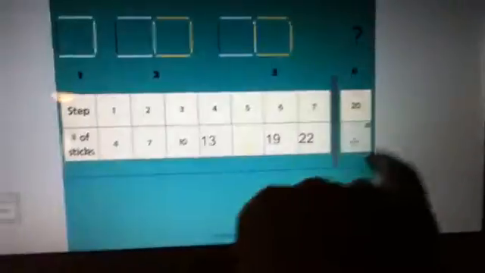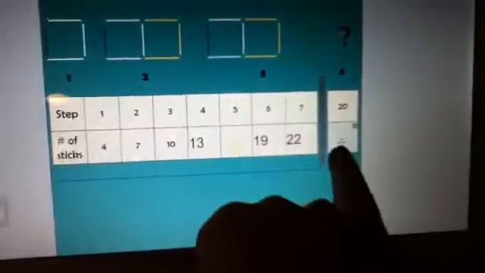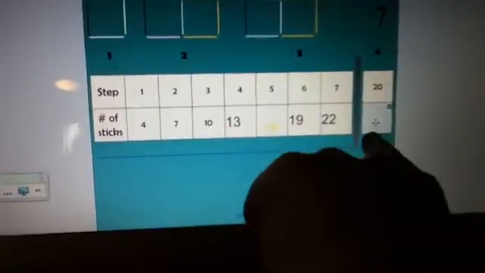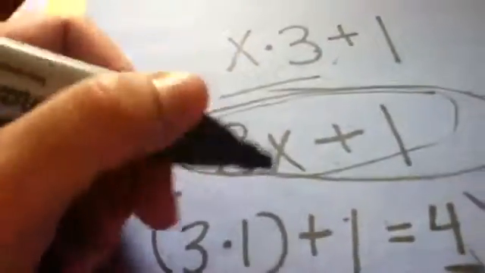Alright, and when we're trying to find this type of information where it's not back to back and we can't just add 3 every time, this is where our algebraic rule comes into play. So now we can look at our rule, 3x plus 1, and we're going to input 20 as our x to figure out how many sticks will occur from this problem.